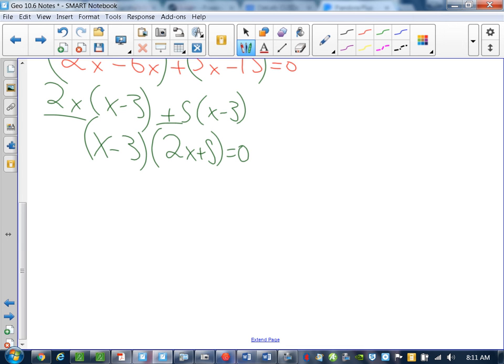And that gives you 2 possible zeros. First one's easy. It's 3. The second one you have to do 2 parts. Subtract 5 and divide by 2. Negative 5 halves.